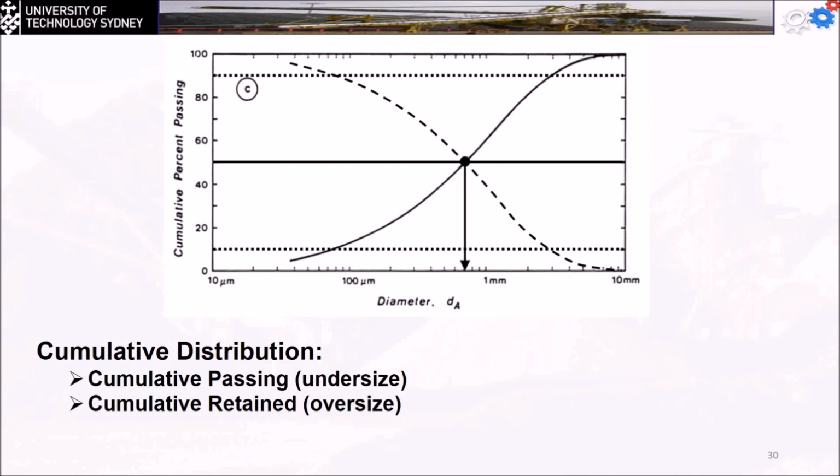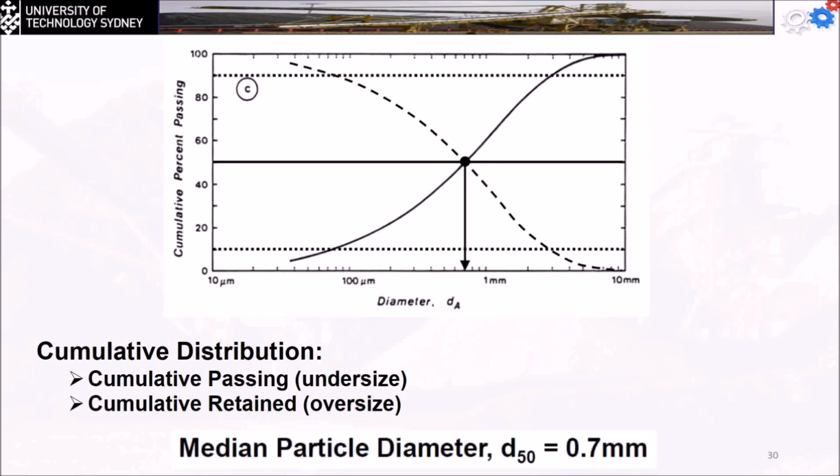For the cumulative distribution, the cumulative passing was the undersized, and the cumulative retained was the oversized. So the median particle diameter for the data we have analyzed was equal to 0.7 millimeters, which is 700 micrometers. We always call the median particle diameter D50. We are going to use this term multiple times in this course.